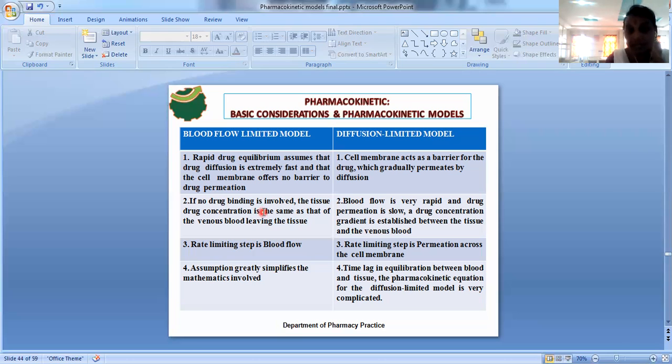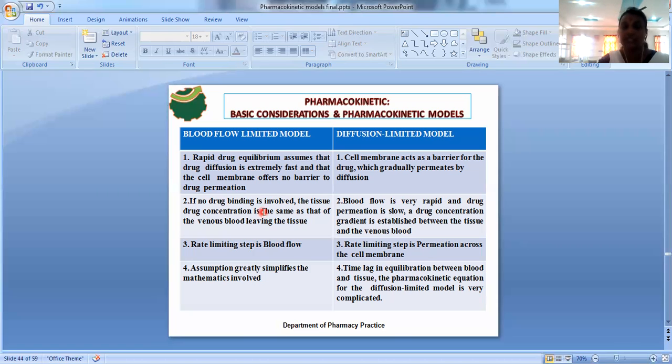It will easily pass through the cell membrane, so the drug that reaches the venous blood, if the drug is administered through the intravenous route, in such cases the entire drug that reaches the venous blood will be equal to the concentration of the drug that reaches the tissue. If you are administering 250 mg, if no binding takes place in the blood flow rate limited case, the entire drug will reach that particular tissue also.